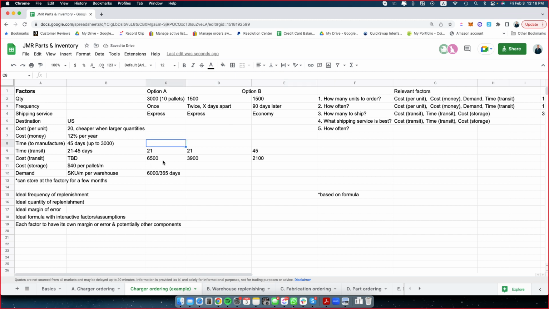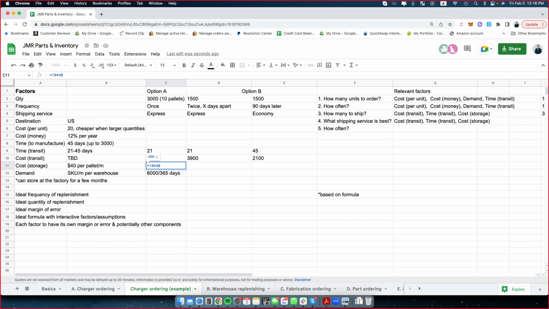So if we know that the demand is 6,000 for 365 days, then we should be able to calculate with a formula how much we are going to be paying per pallet per month. Because the first month is going to be 10 pallets times $40.